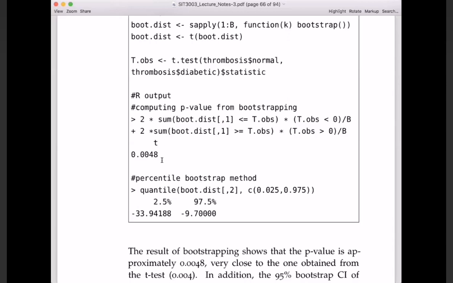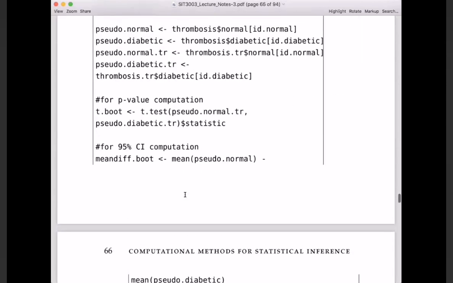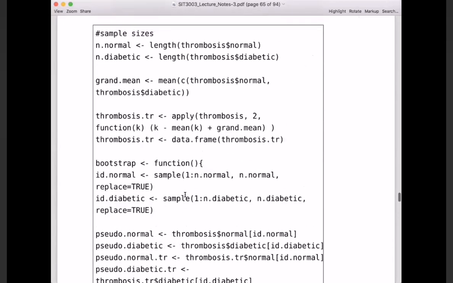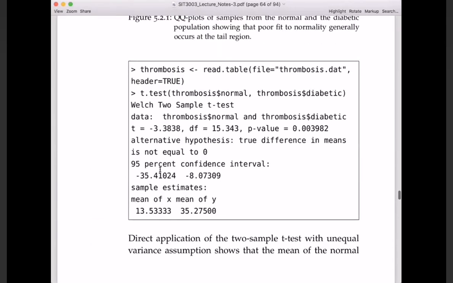Now let's compare these two values with the ones you got from direct application of the t-test. With direct application of the t-test, you got a p-value of 0.0039, about 0.004. The one from bootstrap was about 0.0048.